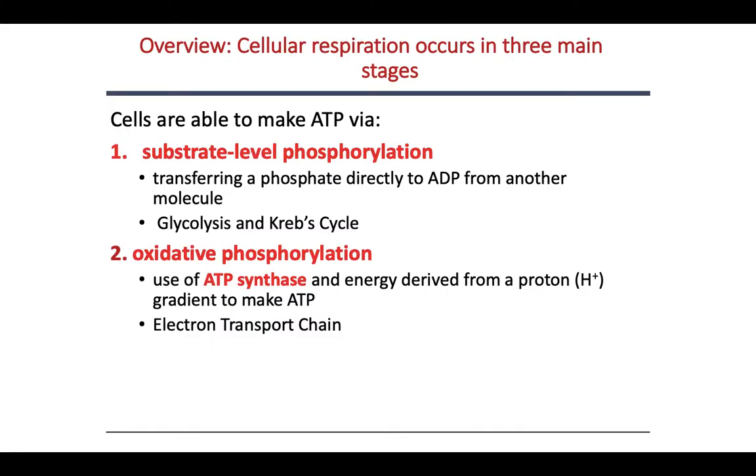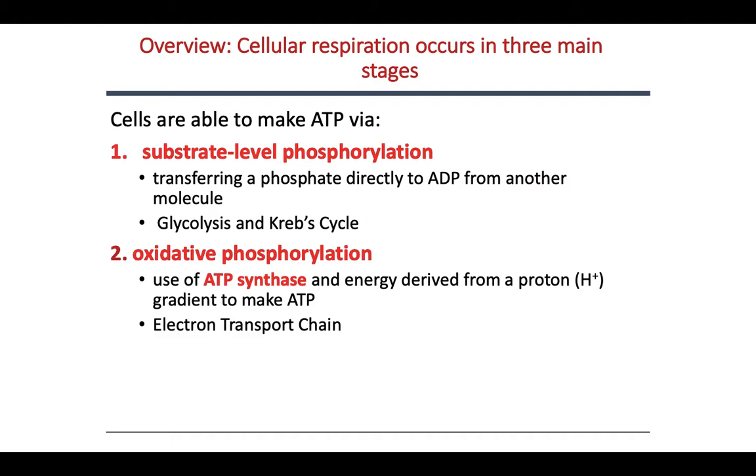Now, how is the cell able to create ATP? ATPs are generated through 1. Substrate level phosphorylation, or 2. Oxidative phosphorylation. The substrate level phosphorylation includes the direct transfer of a phosphate to an ADP or adenosine diphosphate from another molecule.